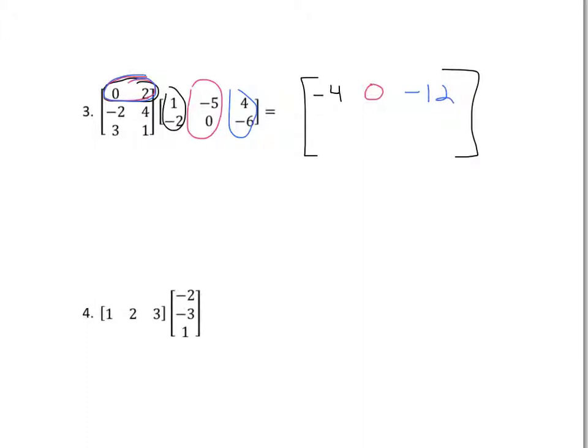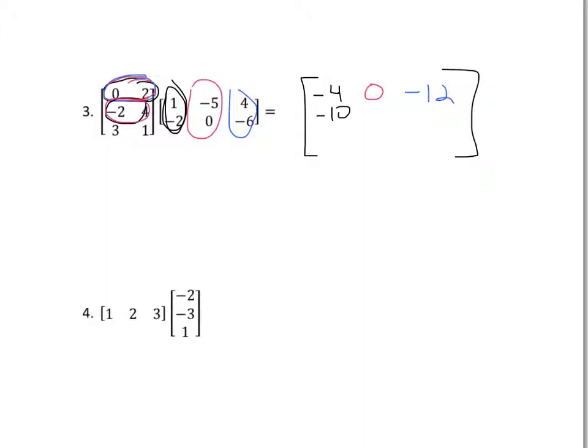Hopefully you see that. Now, we can do the exact same thing with the second row and the third row. So we're going to end up with a 3 by 3 matrix. We multiply second row, first column. We got negative 2 plus negative 8 is negative 10.